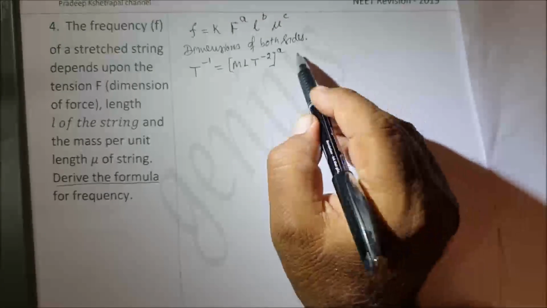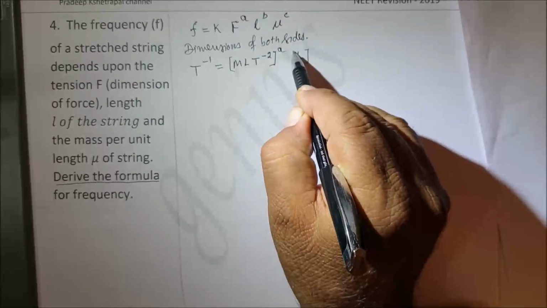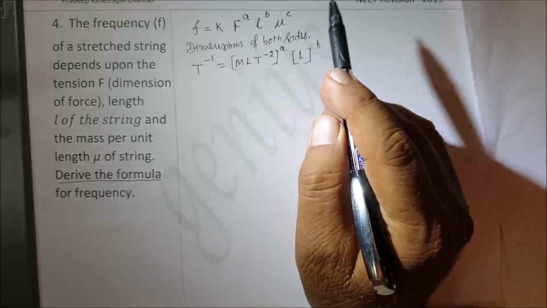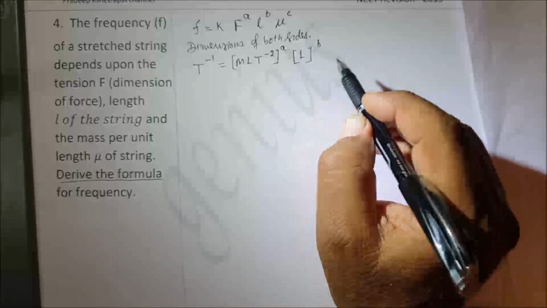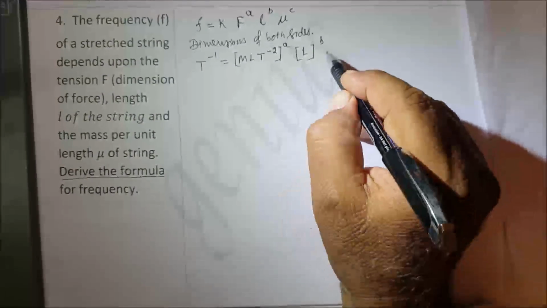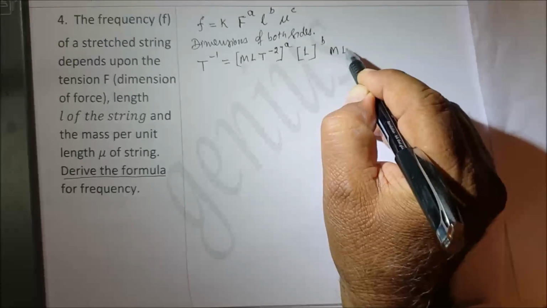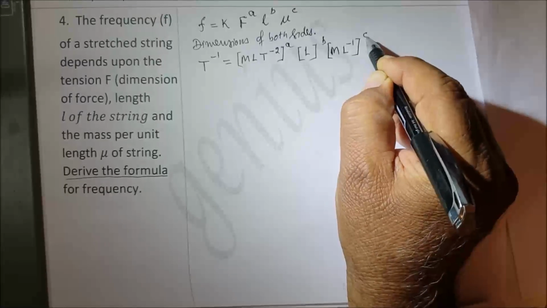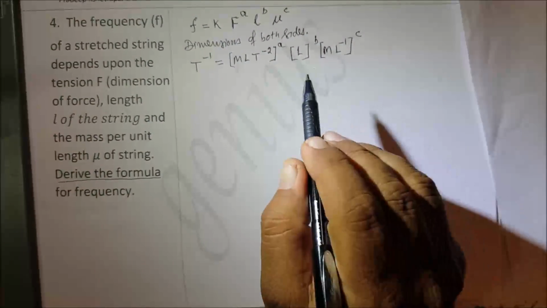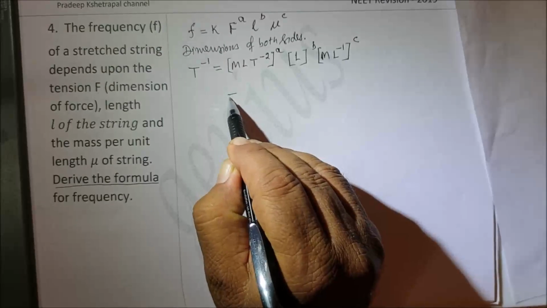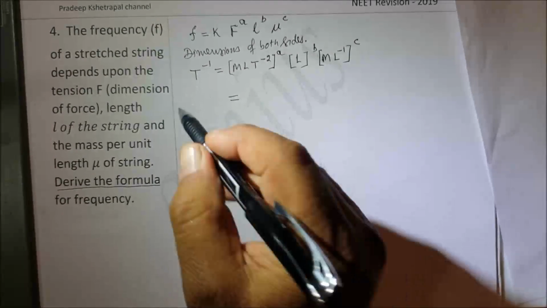Now length L. This whole thing has the power B. And mu is mass per unit length, that is mass divided by length. So I will write it mass divided by length, and it has power C. By the principle of homogeneity, first we should write the total dimensions on this side.